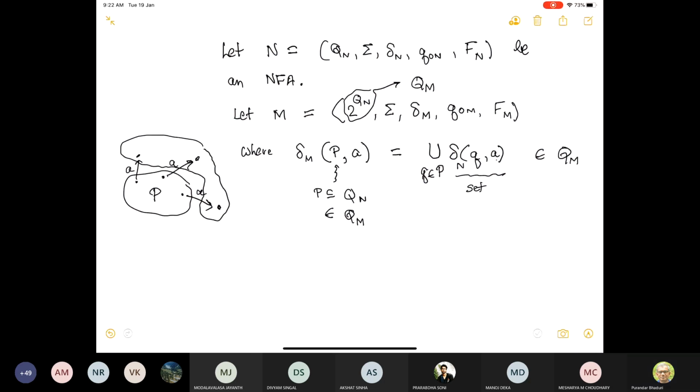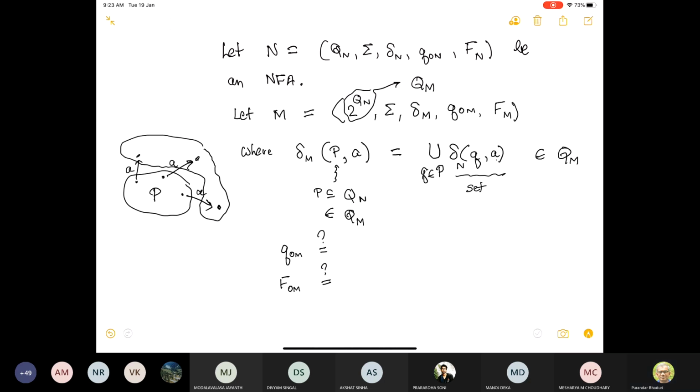Okay. Yes. Then you tell me what should the initial, sorry, this should be M. What should be the initial state and what should be the final set of states?